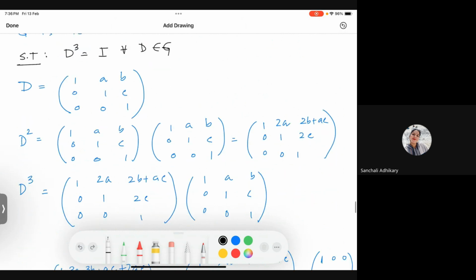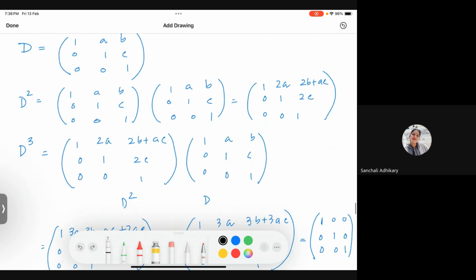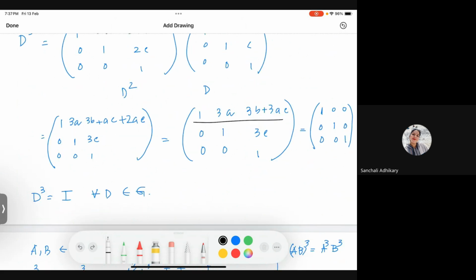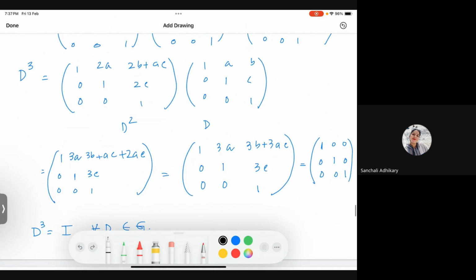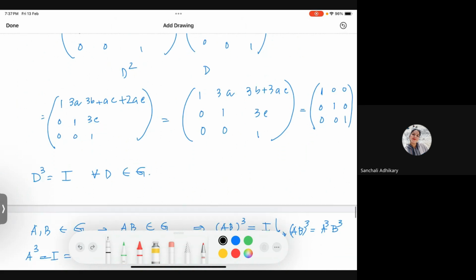How? First I write D, then I calculate D^3. I want to find D^2, and then D^3, which means D^2 into D. This is a lengthy process. So in Z3, 3 is equal to 0.